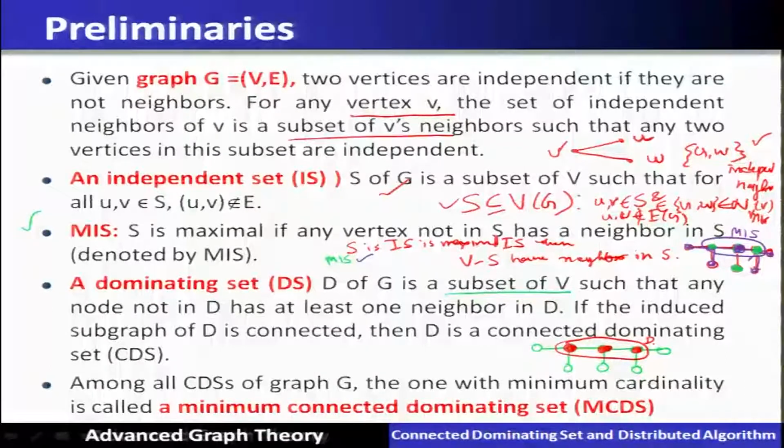Why? Because all other nodes which are not in D, this one is a neighbor of at least one node in D. Similarly, this node is also a neighbor of at least one node in D. This is also a neighbor of at least one node in D, and so are this node and this node. Therefore, D is the dominating set.